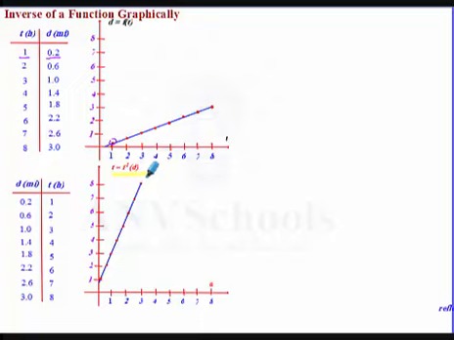In the original, d is on the vertical axis, dependent on t, but now t is dependent on d.